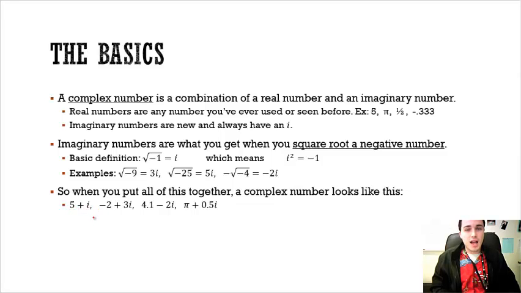So 5 plus i is a single complex number. -2 plus 3i is a complex number. And then of course these other examples here. But bottom line is, a complex number takes a real part like 4.1 and an imaginary part like 2i and puts them together in one expression, and that one expression, 4.1 minus 2i, is a complex number.